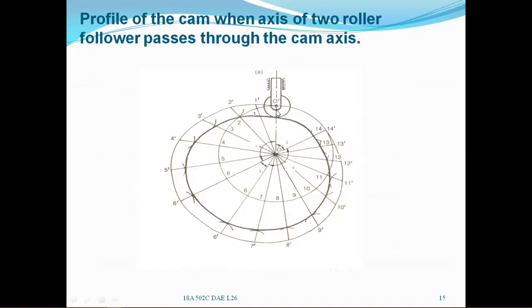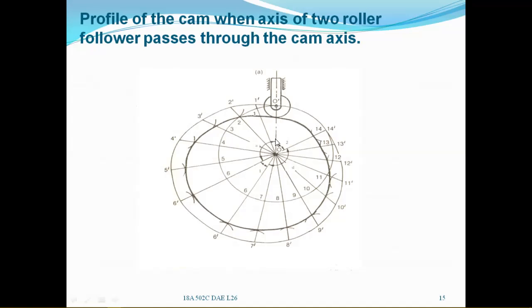By adding the radius of the roller, draw the prime circle also, and then mark the follower axis, which should pass through the axis of the cam. From O to O dash, O dash will be the trace point or roller axis. Assume that the cam is moving in the clockwise direction and the follower is moving in the anti-clockwise direction.